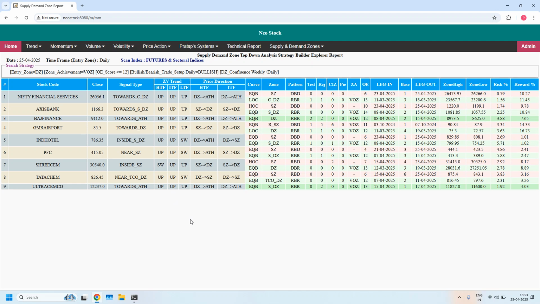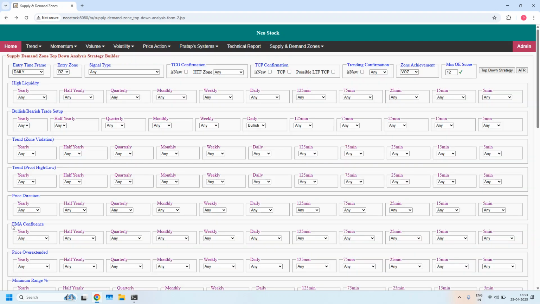Because the trend is up, if any of the stocks have weekly demand zones with weekly EMA confluence, then the overlapped daily demand zones might have an even higher success rate. That's why in the EMA confluence at the weekly time frame, I am selecting the filter: weekly demand zone is having weekly EMA confluence.